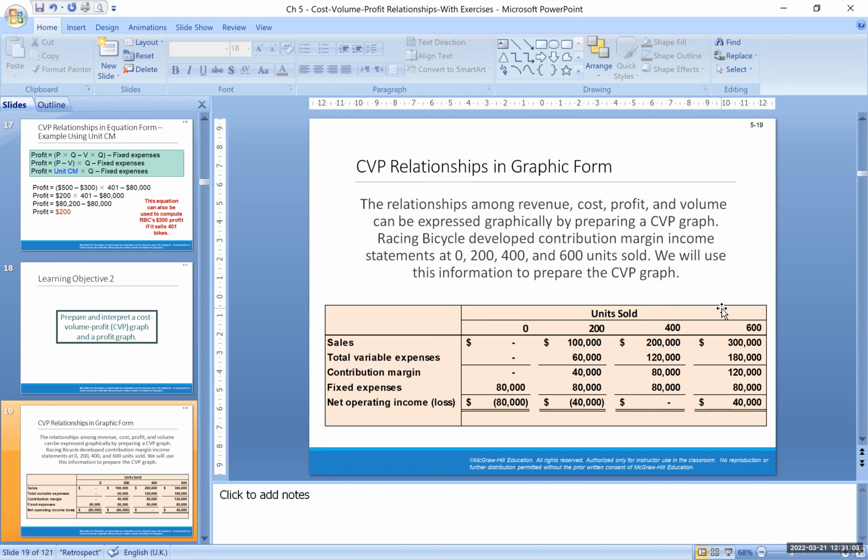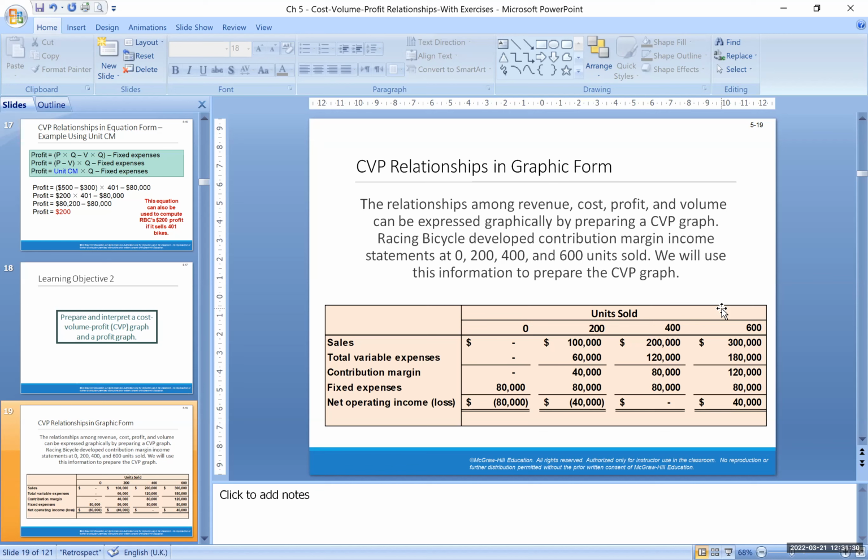The third column is the 400 units. If the company sells 400, referring to the income statement that we prepared previously, the sales is $200,000, total variable expenses $120,000, contribution margin is $80,000, minus fixed expenses of $80,000, and the profit is zero.